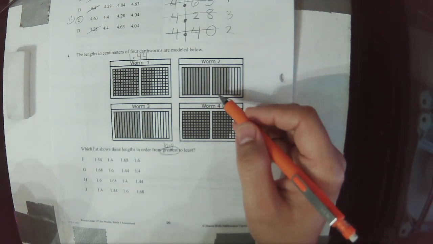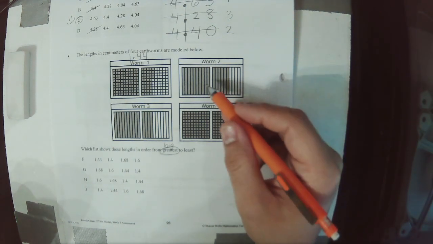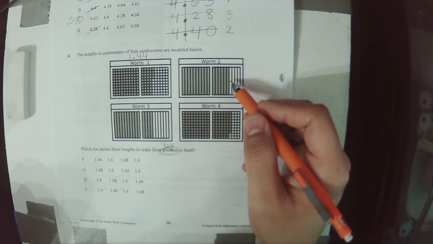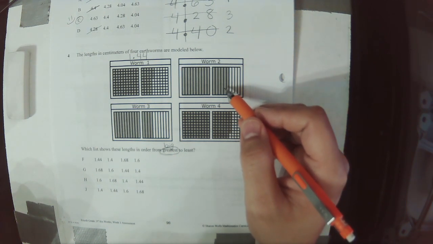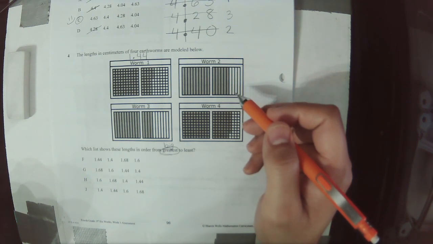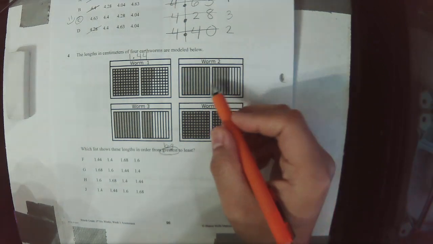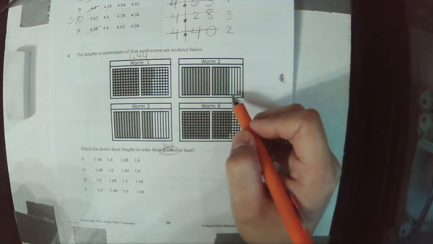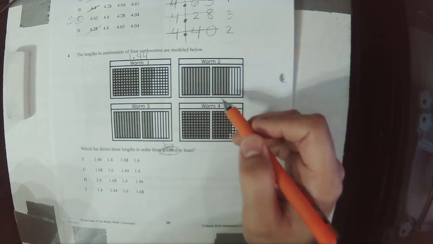What about worm number 2? Who can tell me what decimal they're showing me for worm number 2? Christopher? Not for worm number 2. Worm number 2 is right here.